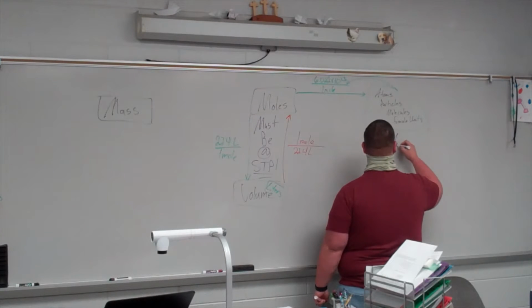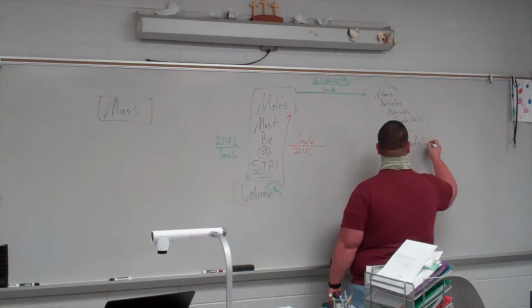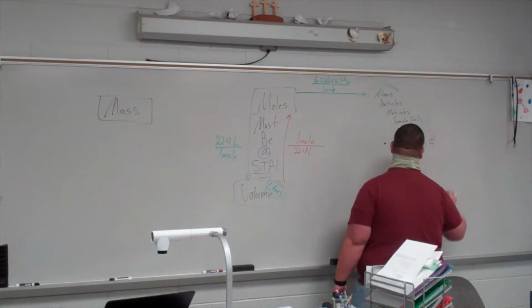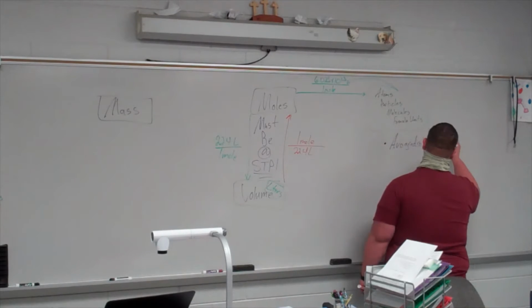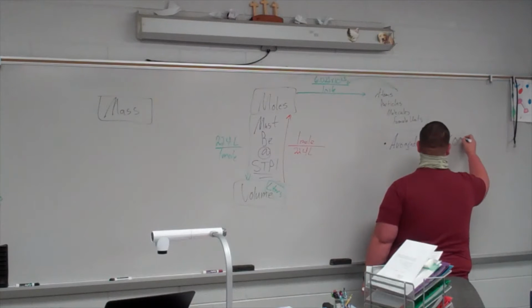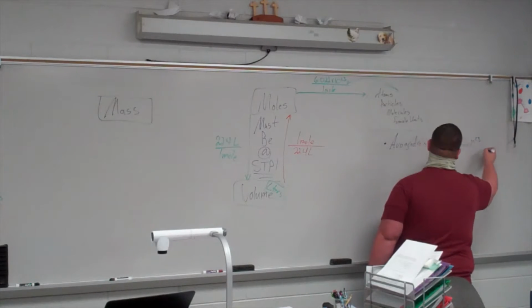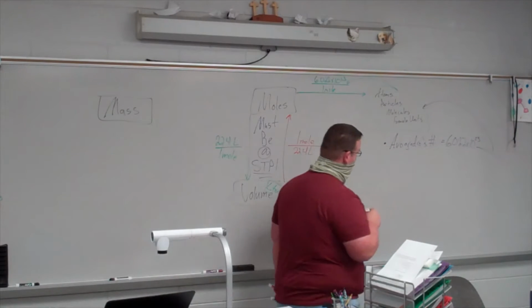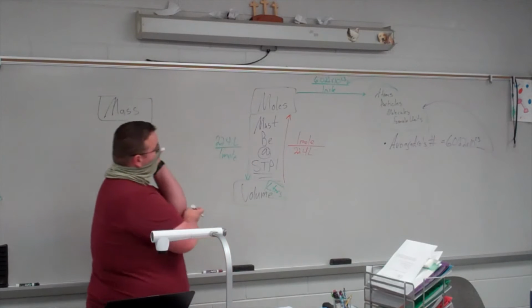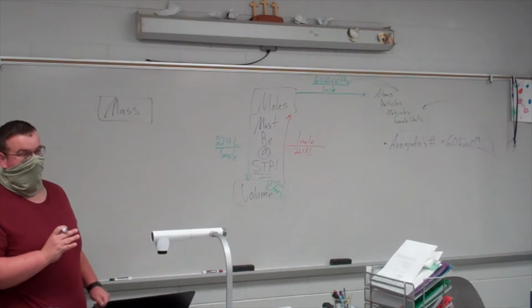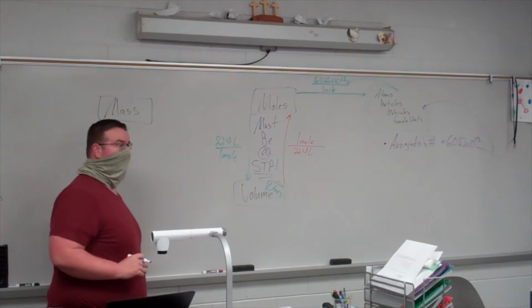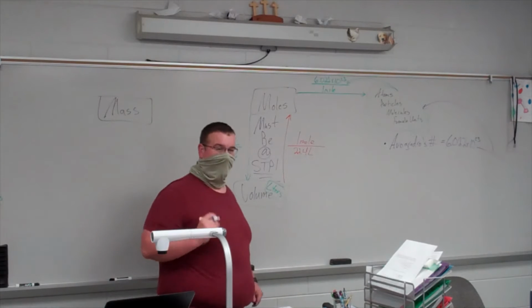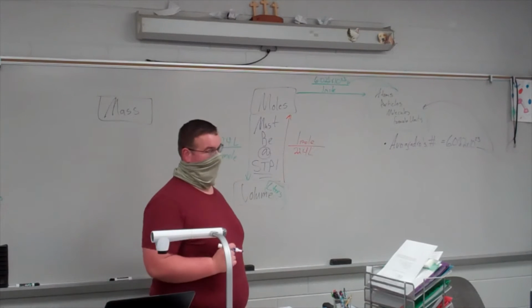It's Avogadro's number, which is equal to 6.022 times 10 to the 23rd atoms, particles, molecules, formula units. You get the gist. It's that simple. Remember the number, you multiply by it or you divide by it. That simple.